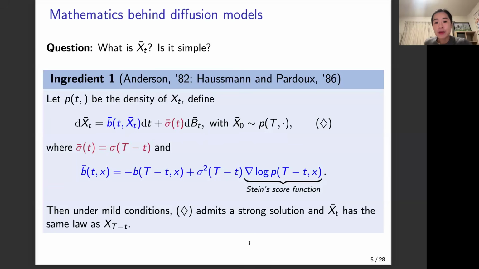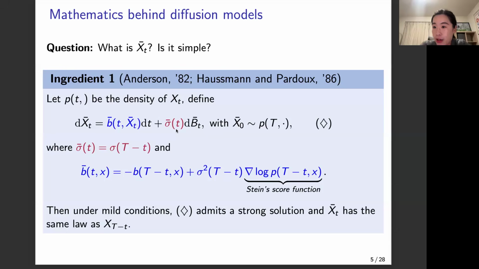If we denote P_t as the marginal density of the forward process X_t, and we define a new process in this diamond equation, dX_t bar, the X_t bar process is driven by the drift term b bar and volatility term sigma bar. Then under very mild conditions, we can show that this diamond equation admits a strong solution and X_t bar has the same marginal law as our forward process with time reversed.